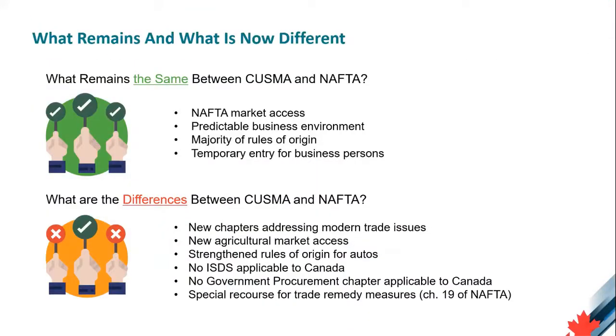Okay, the newest free trade agreement, well, it's not that new, but it's still new. People call it NAFTA 2.0, or they call it different names, but in Canada, we call it CUSMA. This is listed because Canadian companies will ask what the difference is, so here we list the major differences between NAFTA and CUSMA.